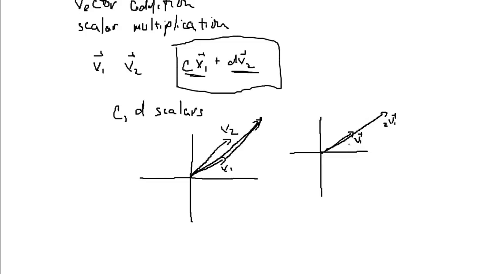If it was scalar 1/2, then we would shorten it, and this would be 1/2 v1. And if we multiply it by a negative number, it's going to point in the opposite direction, so this would be minus v1. One thing to note is that all the scalar multiples of v1 lie along this line that extends out infinitely, but contains the origin and the point v1.